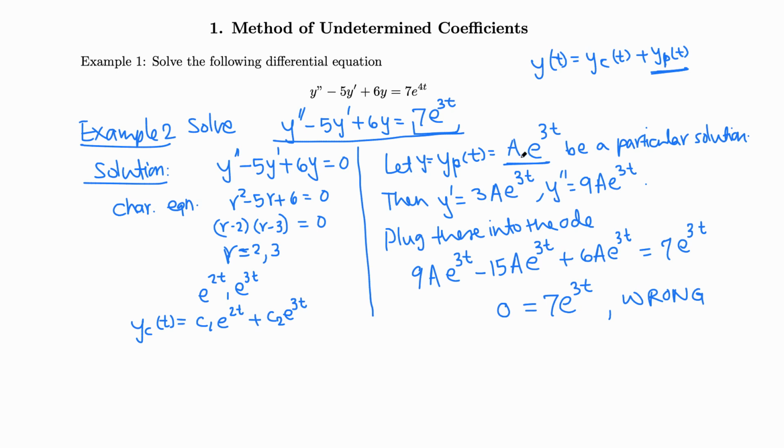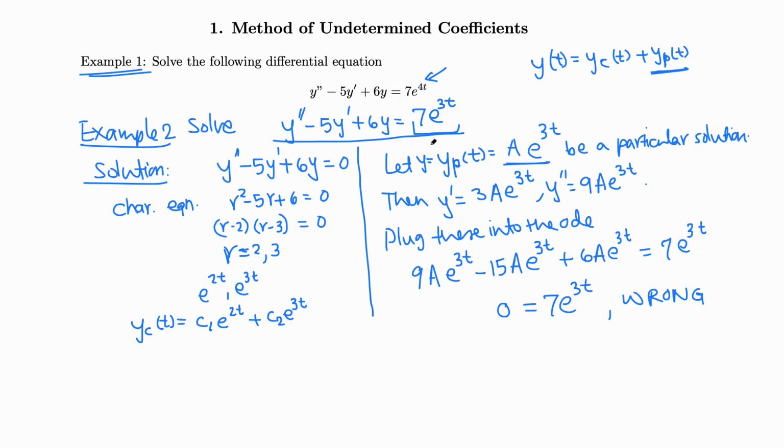So we are not able to find the value of a here, unlike in the previous question, where we were able to find the value of a just doing these steps. Then what went wrong here? The problem is that from the homogeneous equation we got e raised to 2t and e raised to 3t, and look at this, e raised to 4t in example 1 was not already a solution.